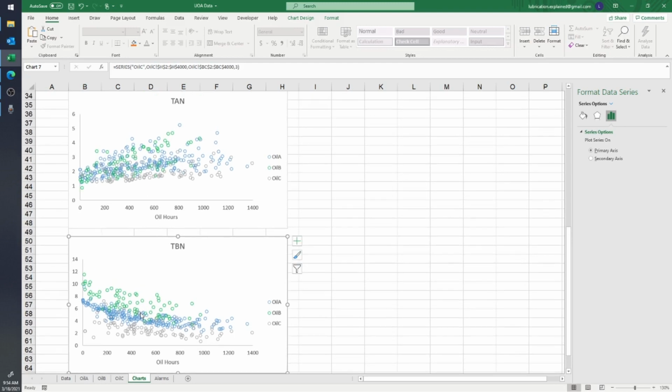Now, what you can see is, although it has a much higher starting TBN, that doesn't necessarily mean that the acid increase is any different to the other oils, right? So remember, the reason why TBN and TAN are different is because base number is an additive.